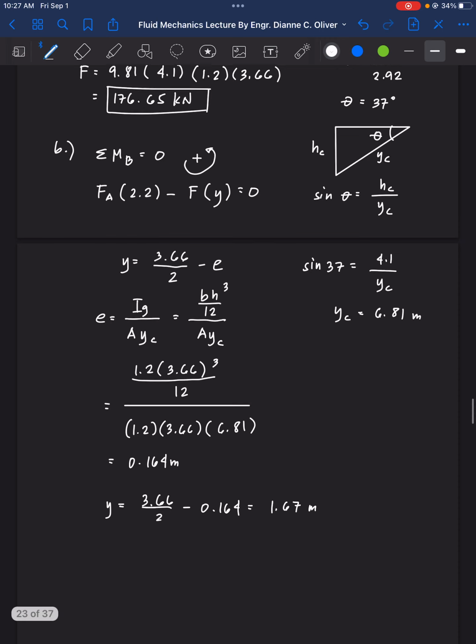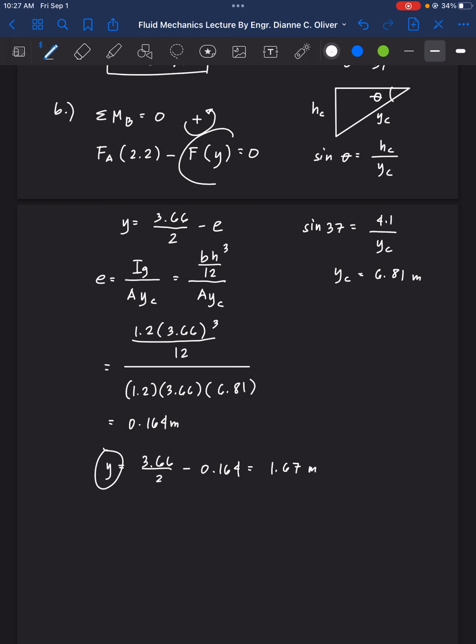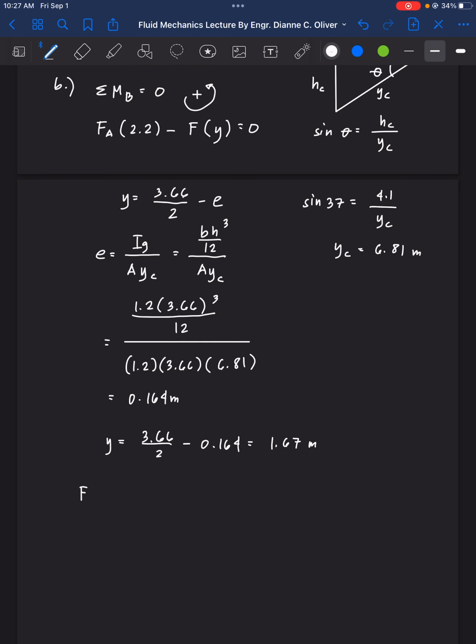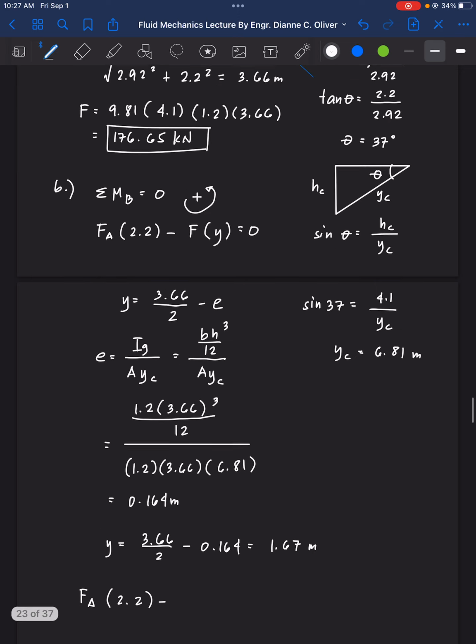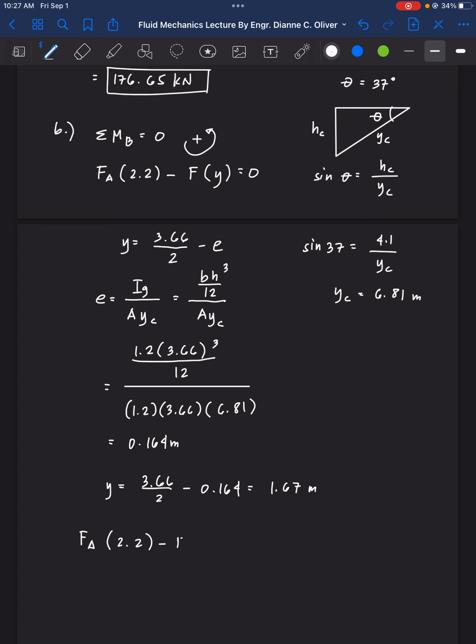So 1.67 meters. And then we will now use the value of Y in this equation. So FA times 2.2 minus the force that we were able to solve, 176.65 times the value of Y, 1.67, equals 0. So we now have force A equal to 176.65 times 1.67 all over 2.2.